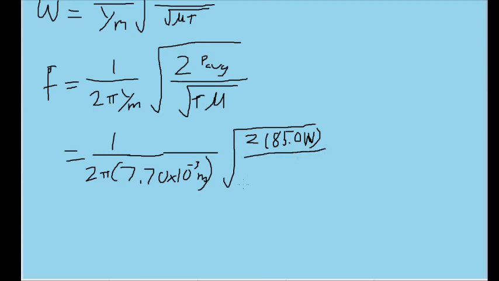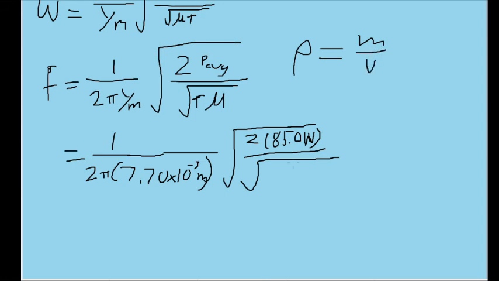Divided by the radical of the tension of the string times the linear string density. And the linear string density is going to be equal to the mass of the string divided by the length of the string, because, of course, density is equal to mass divided by volume.